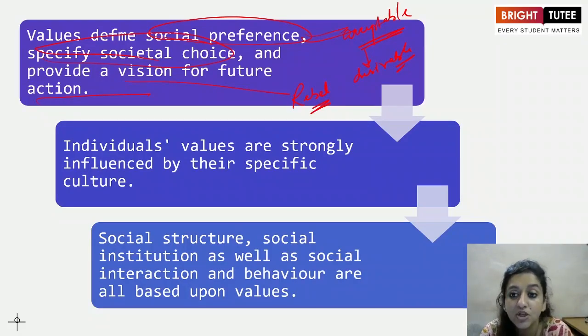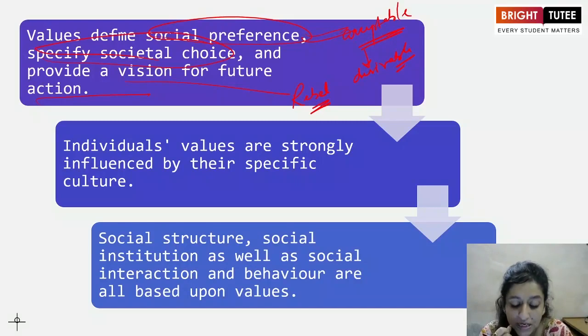Then it specifies the societal choice, because it is a shared idea. What kind of society are you going towards? Are you going towards a society which is just and true to everyone around them, or a society which is practicing cheating and violence?